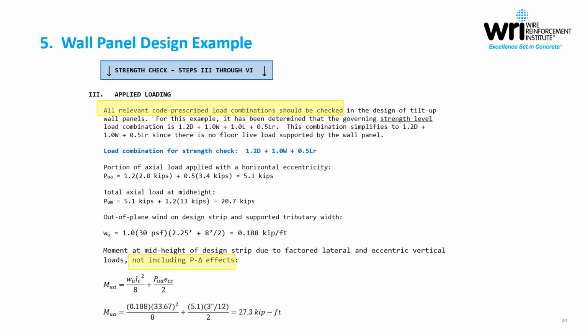Now this doesn't include P delta effects, so M sub UA, you can see the flexural component due to the uniform wind load on the left, and then you see the eccentric moment component on the right. So we end up with a flexural demand of 27.3 kip feet. But again, this does not include P delta effects. We haven't done anything with the wall slenderness yet.